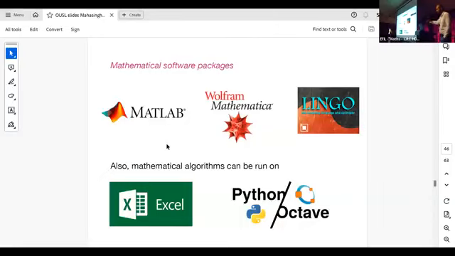And everybody has heard about Python, right? Yes, on Python platforms, particularly using Octave. Actually, using Octave, you can write many MATLAB commands. So Python is a language that is very helpful for scientific computing purposes, particularly.